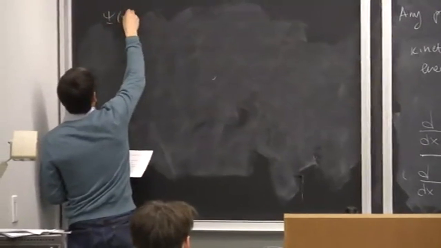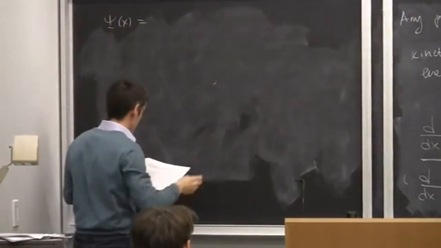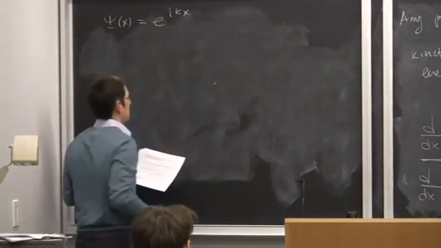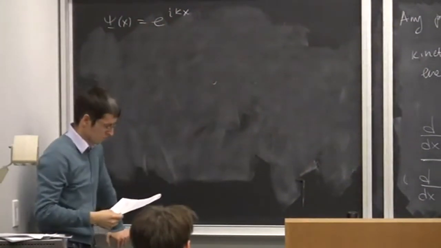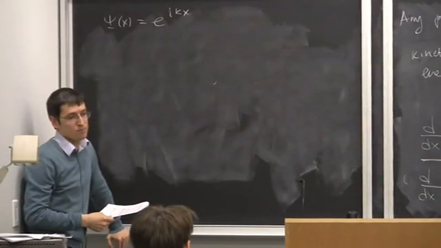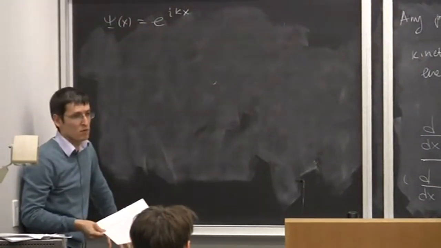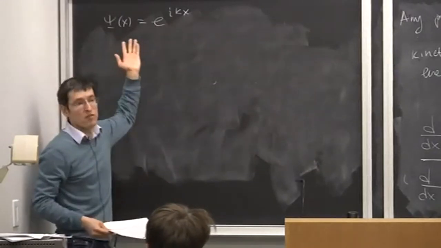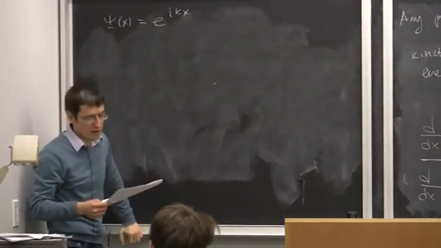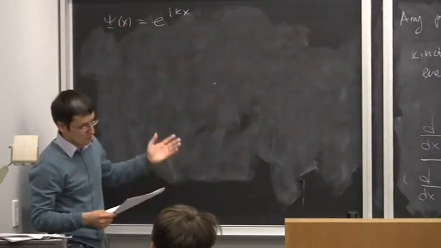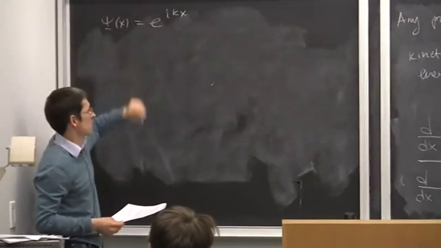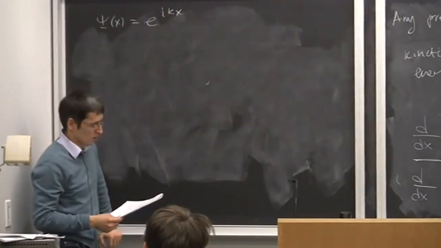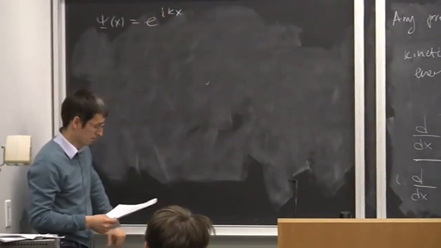Imagine our function is the exponent of i k x. Where does this come from? Just for the sake of example, it's stated as an initial condition. That's a given function. Say it's a plane wave, a free particle, no potential. It turns out that this could be an eigenfunction, sorry, the function of the system.